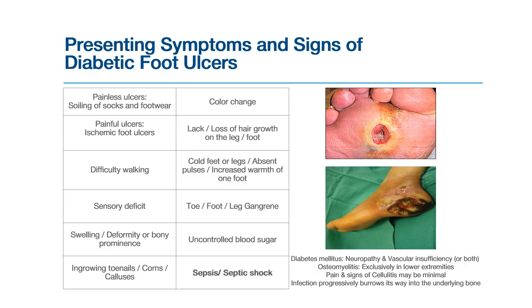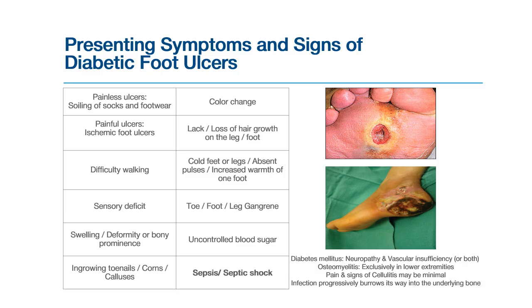So the patient may present with painless ulcers or only soiling of socks and footwear, or his ulcers may be painful, or he will present with ischemic foot ulcers. He may present with difficulty in walking. He did not notice the ulcers before. He may have sensory deficit. There may be swelling and deformity or bony prominence, and he may have ingrowing toenails, corns, or calluses.